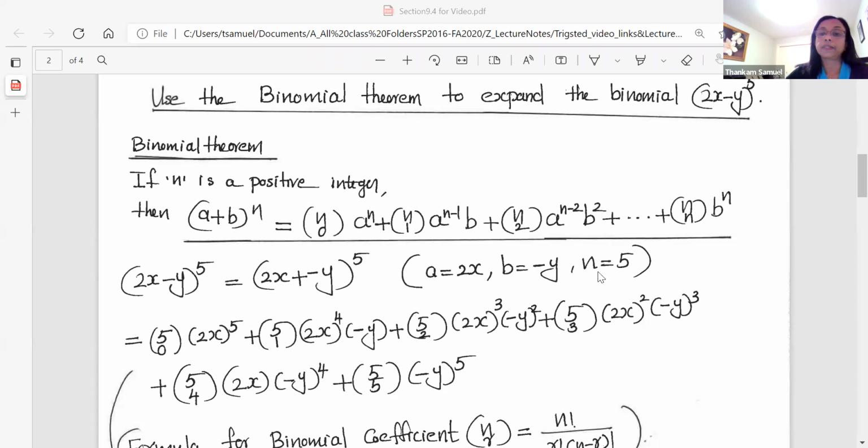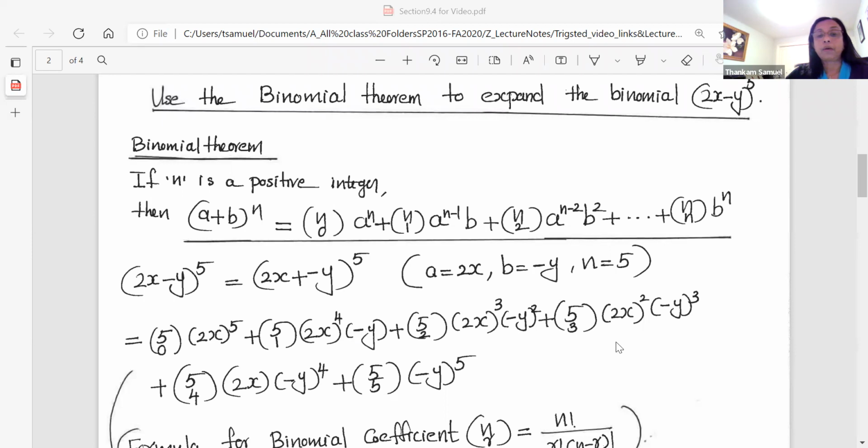Here we can see that n is 5. So n choose 0 is 5 choose 0. Instead of a, we have 2x, so (2x) to the 5th, plus 5 choose 1, (2x) to the 4th power, times negative y to the first power.